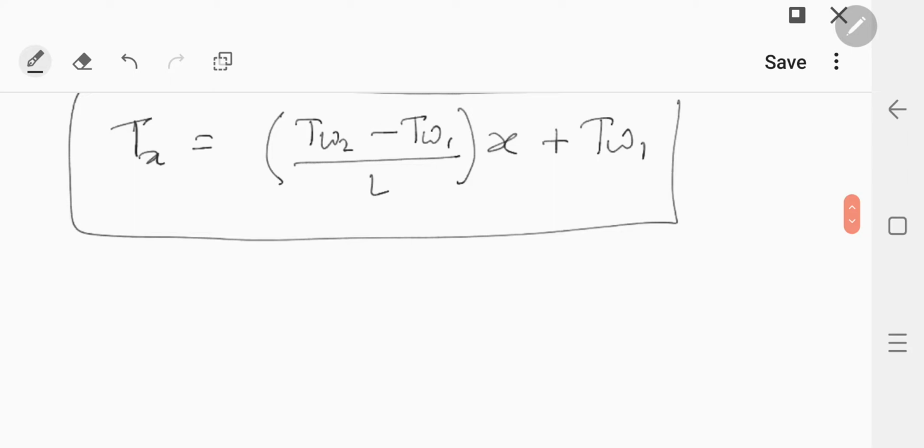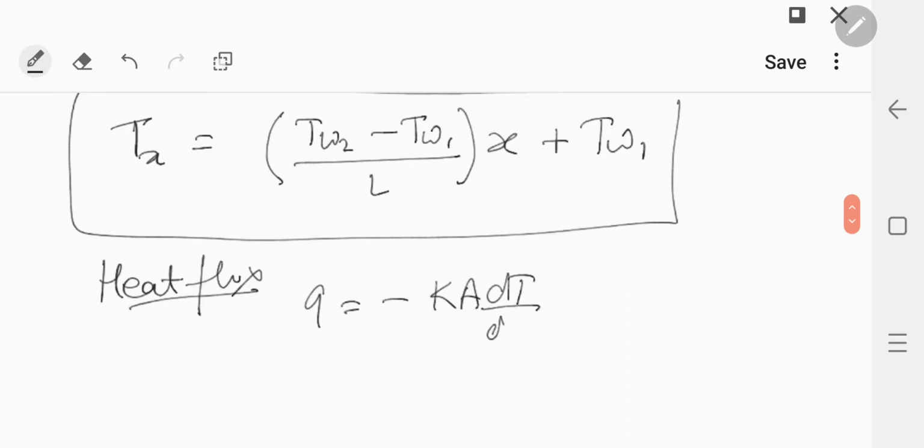Now if we want to calculate heat flux, q is equal to minus kA dT by dx, which is nothing but kA over L into the temperature difference.